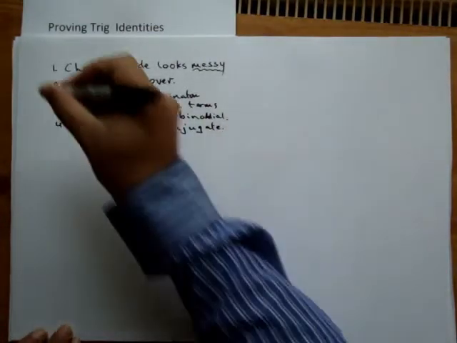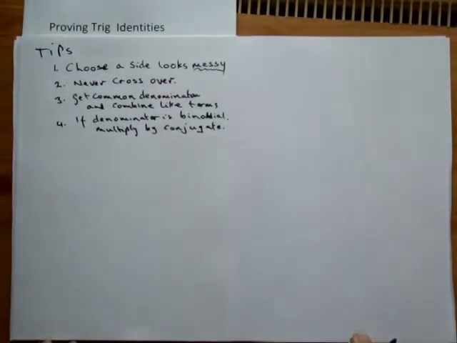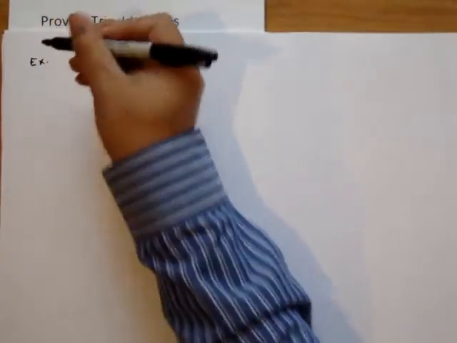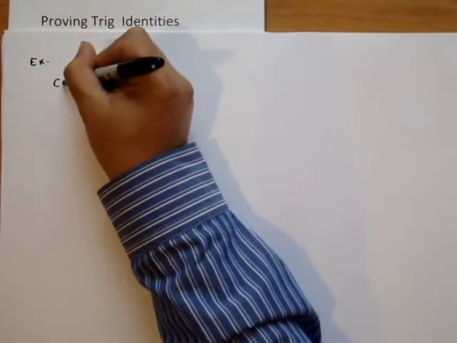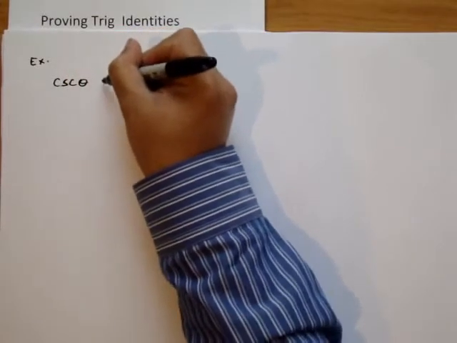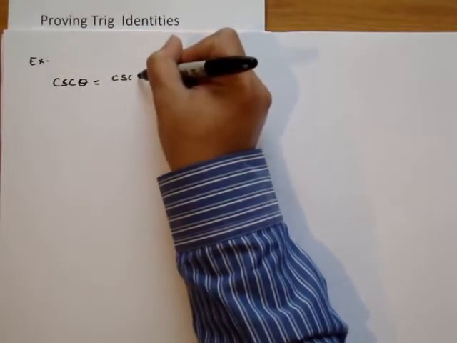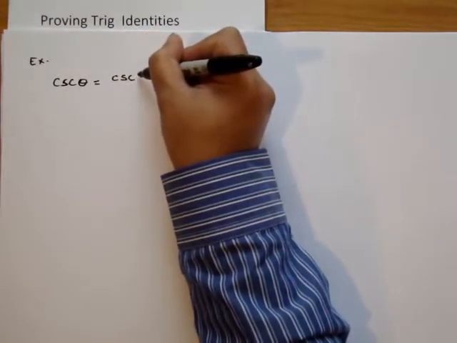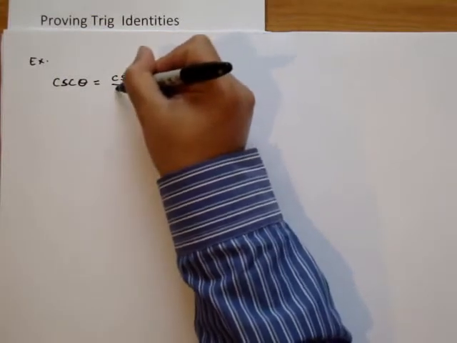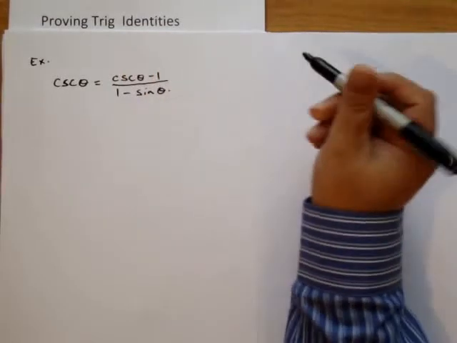So let's have a look at some examples. For example, if we have cosec theta equals cosec theta minus 1 over 1 minus sine theta.